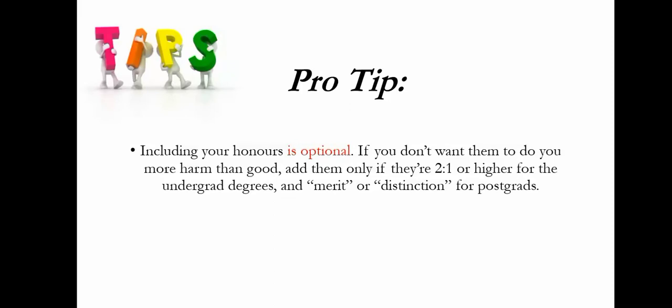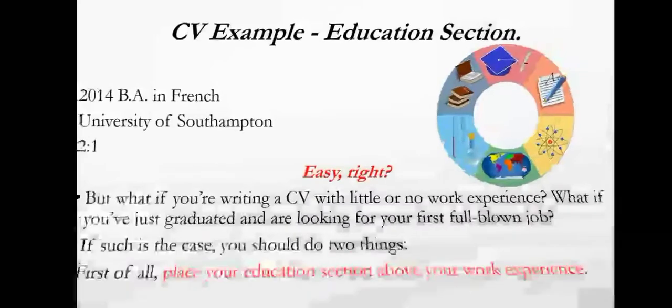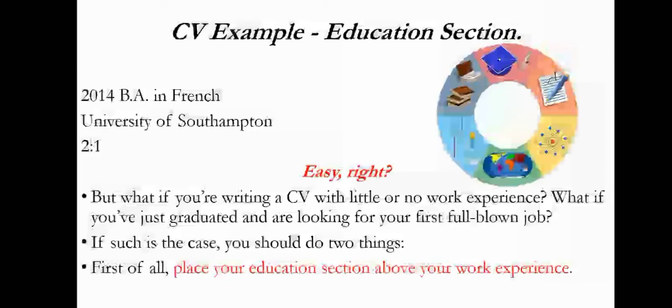If you don't want them to do more harm than good, add them only if there are 2:1 or higher for undergrad degrees and merit or distinction for postgrads. Now here is the education section sample. You can see 2014 BA in French, University of Southampton, 2.1.